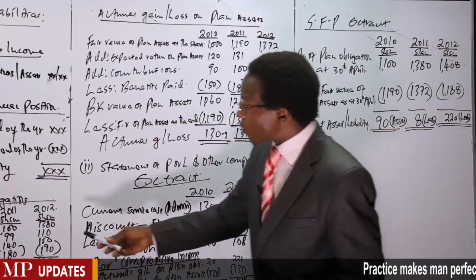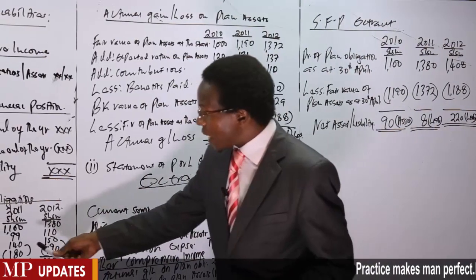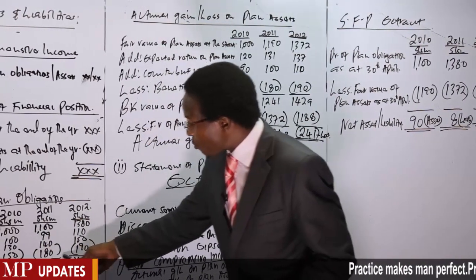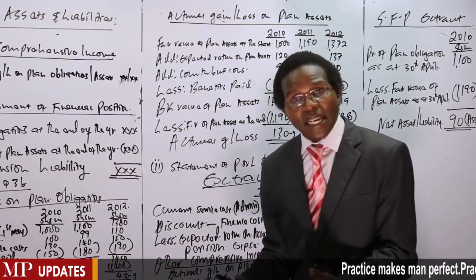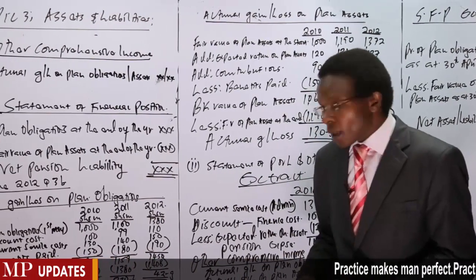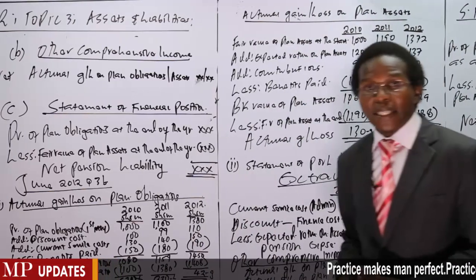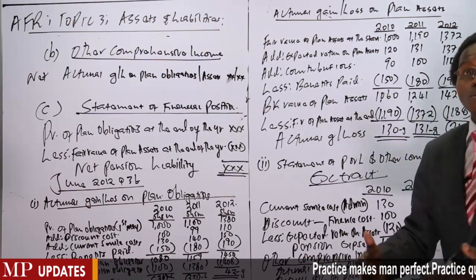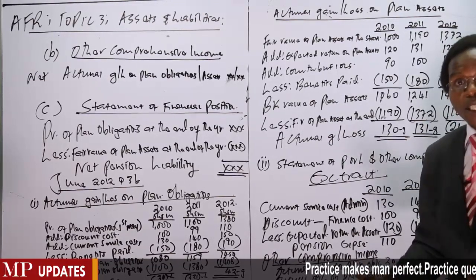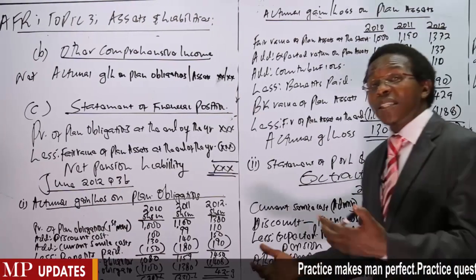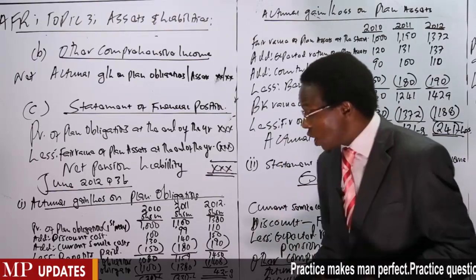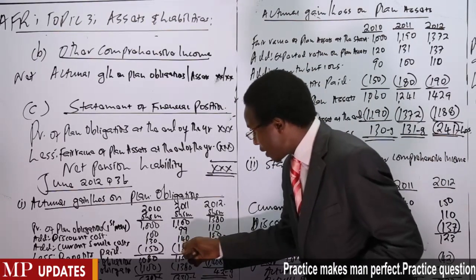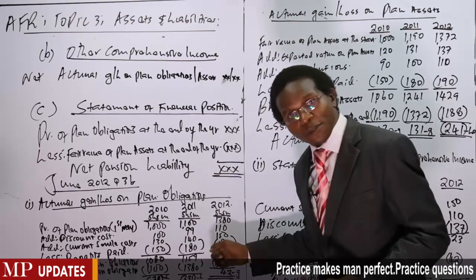If you go back to the plan obligations, we have subtracted, but that is a debit entry. If you're making a payment as a pension plan, you are reducing the liabilities, so you are simply debiting your liability account.